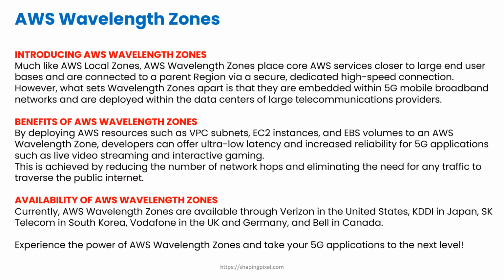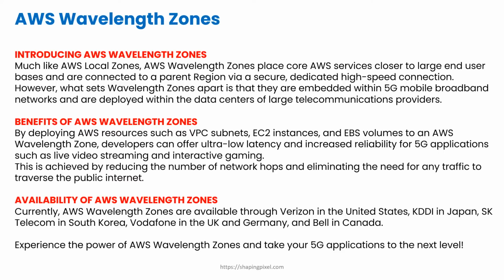So the benefits of AWS wavelength zones are, by deploying AWS resources such as VPC subnets, EC2 instances, and EBS volumes to an AWS wavelength zone, developers can offer ultra low latency and increased reliability for 5G applications such as live video streaming and interactive gaming.